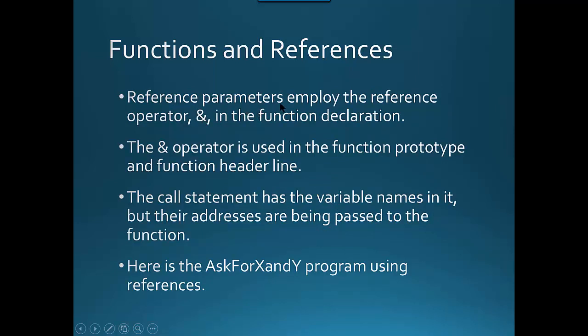The reference parameters employ the ampersand sign in the function definition as opposed to the function call, like when you use pointers. The ampersand operator is used in the function prototype and the function header line. And then when you make a call, you don't have to worry about any special symbology, because C++ will figure out what to pass in.